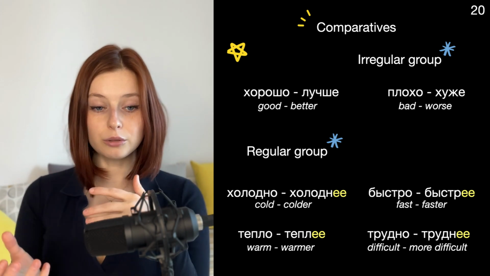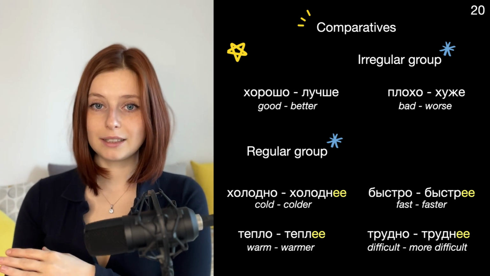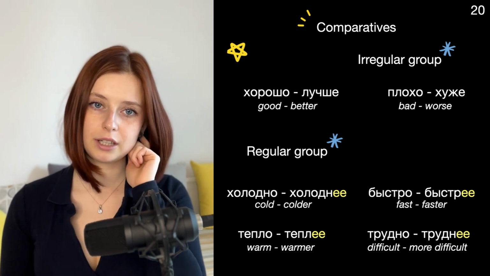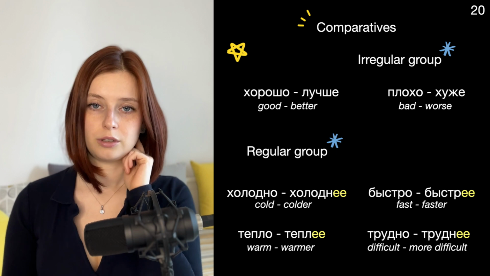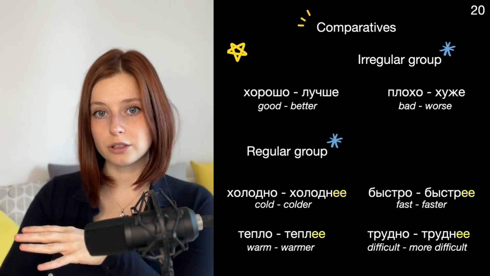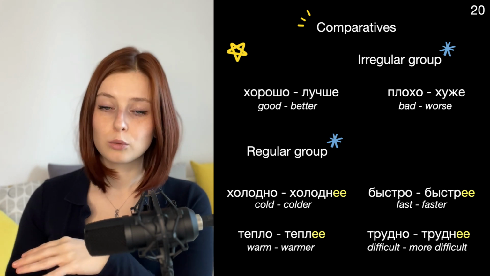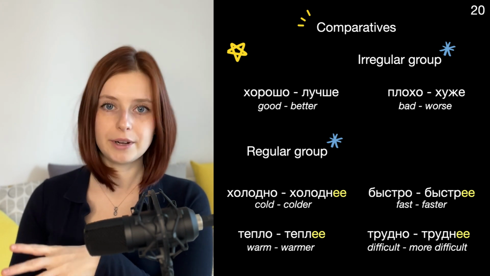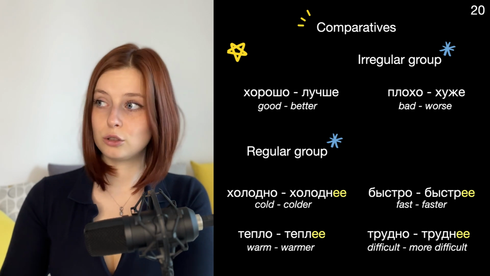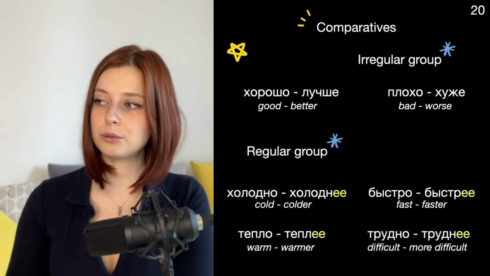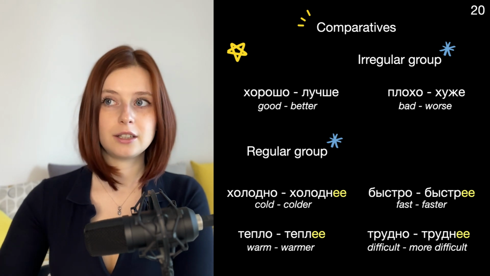So, good is хорошо, better, лучше. Right? Completely different word. Nothing to do with хорошо. So, хорошо, лучше, плохо, bad, хуже, worse. These are irregular ones. Этот дом лучше, чем тот. This house is better than that one.